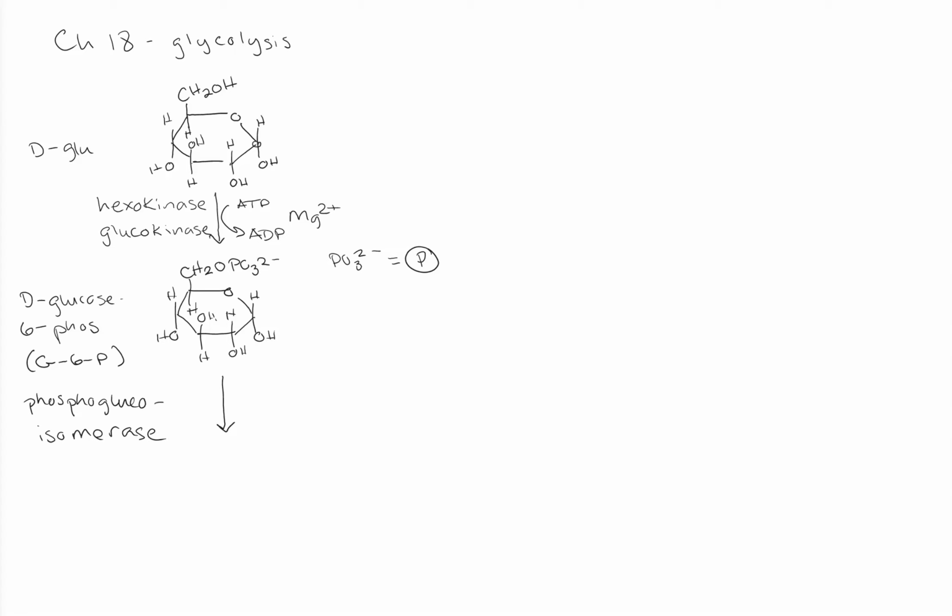And what's going to happen with this is we're not going to change the number of carbons or the location of the phosphate, but we're going to go from a 6-membered ring to a 5-membered ring. It's going to look like this.